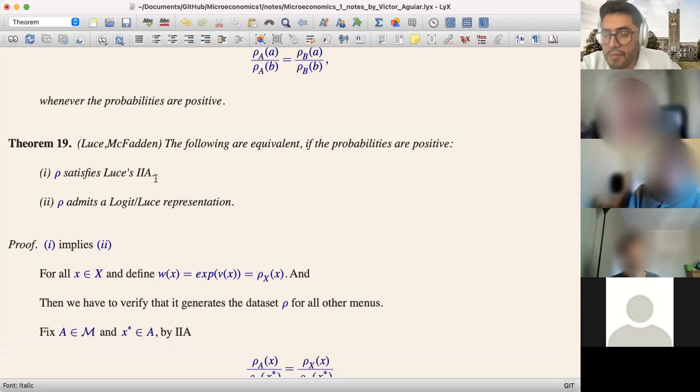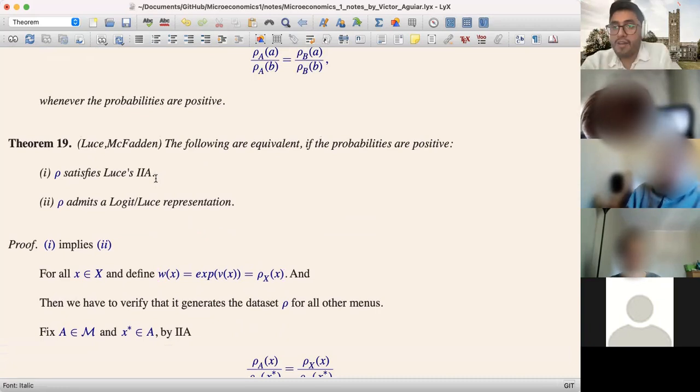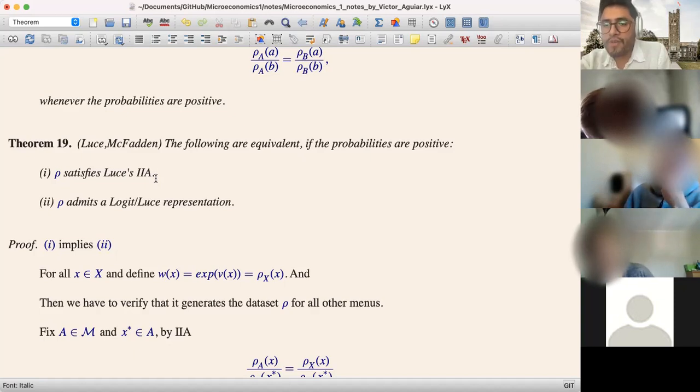IIA is not only an empirical application, it's also the sufficient condition. This is the analogue of GARP for rationality, but for the world of stochastic choice, the Luce or logit model is equivalent to IIA. Understood? So if IIA is violated, then Luce is dead.